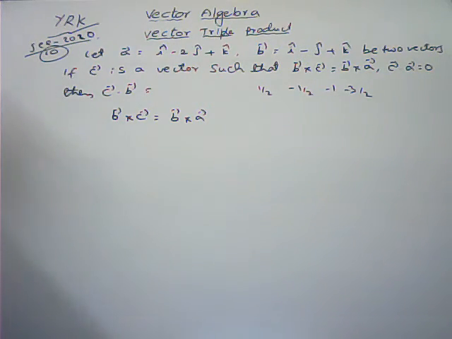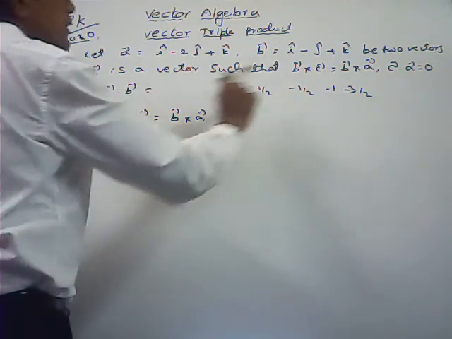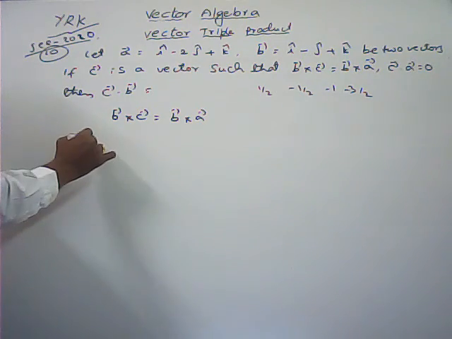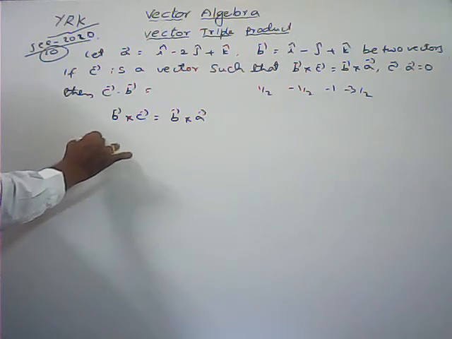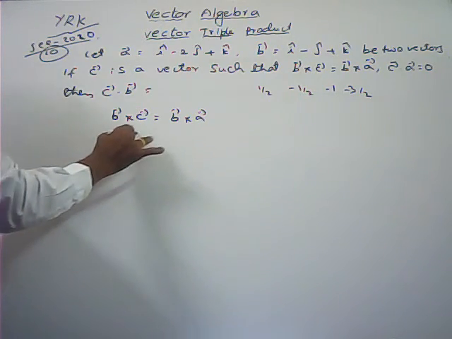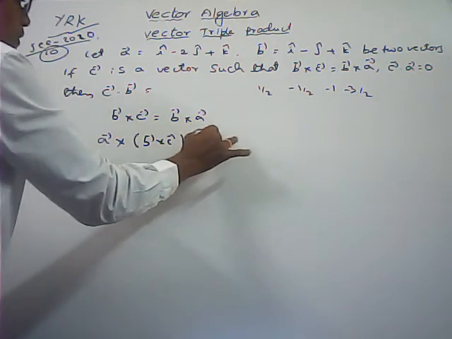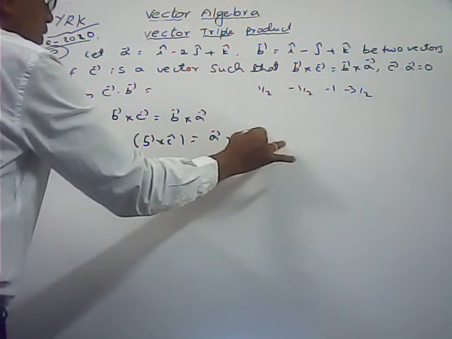Here by taking C bar equals x i cap plus y j cap plus z k cap, you will get one vector, and there also we can get one relation between x, y, z. By solving also we can get it, but that one takes more time, that is lengthy. Here what I am doing is taking a cross product with A bar on both sides: A bar cross B bar cross C bar is equal to A bar cross B bar cross A bar.